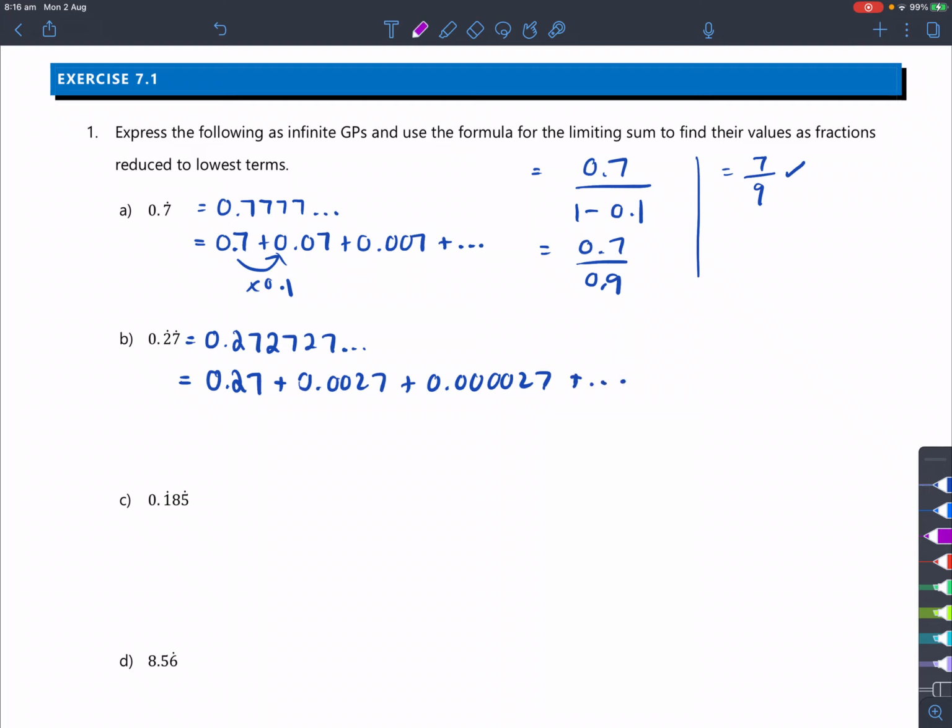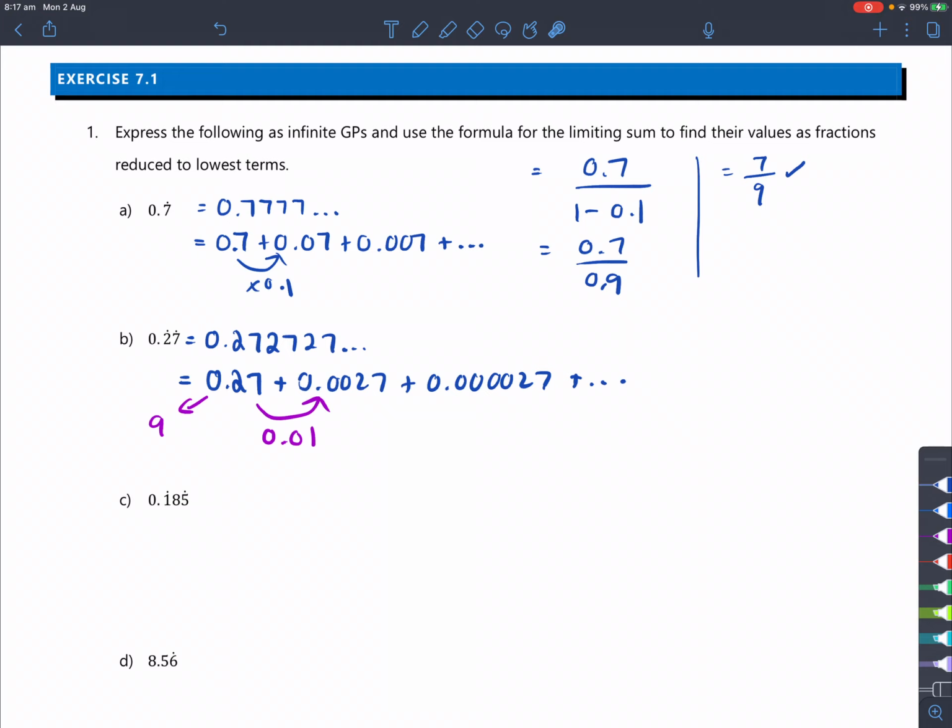So now our a value is 0.27, but our ratio here, if you were to get the right number divided by the left, it would be 0.01. Basically dividing by 100, because it's moved 2 places to the left.